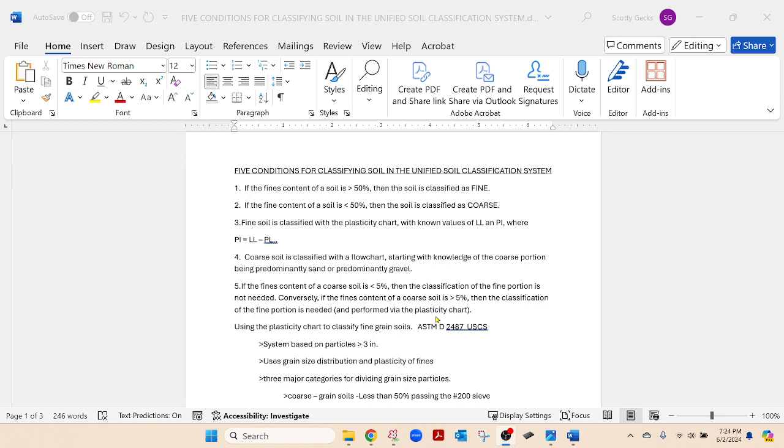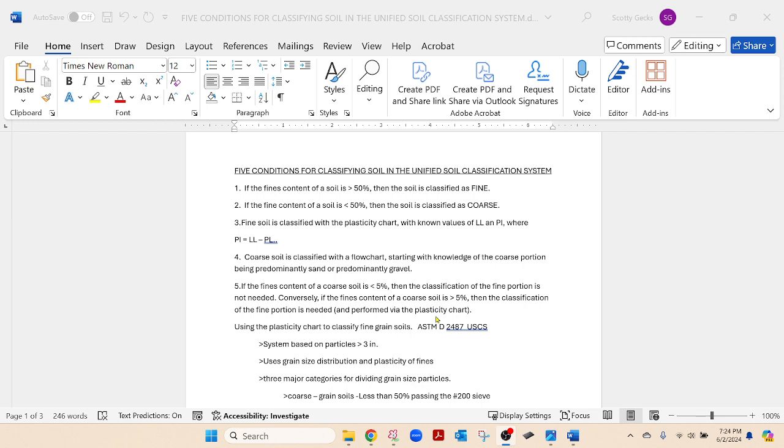Fine soil is classified with the plasticity chart with known values of liquid limit and plastic limit, where the plasticity index equals the liquid limit minus the plastic limit.